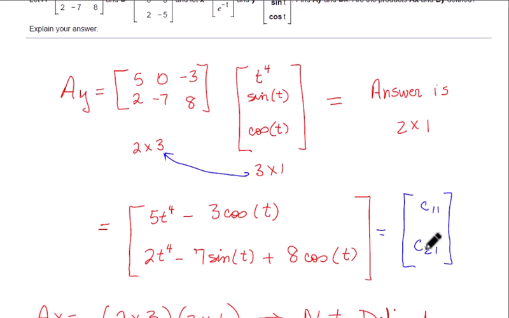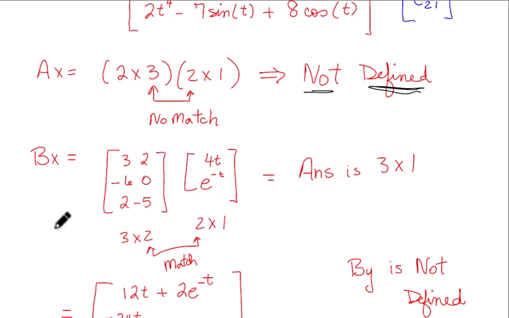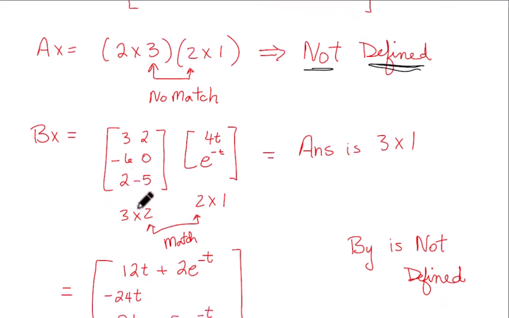All right, what about A times X? Well, A is 2 by 3, and if you look back up at X, it's 2 by 1. No match, and so this multiplication is not defined. B times X, let's see, B is 3 by 2, and X is 2 by 1.